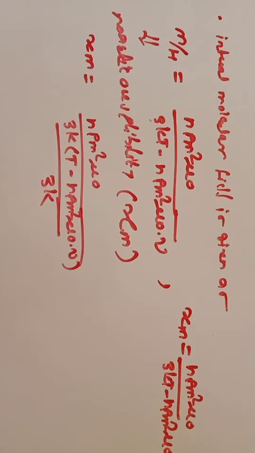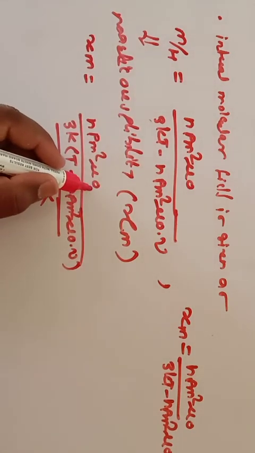So we get this equation. For getting 3k as a common, you have to divide the denominator by 3k, and the term in the denominator of the denominator is transferred into the numerator.